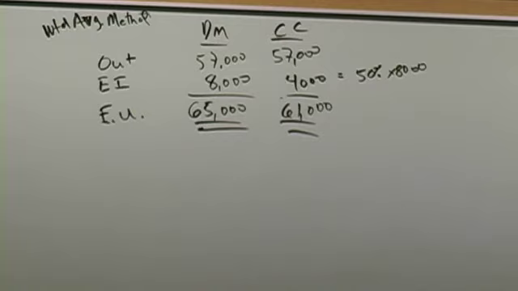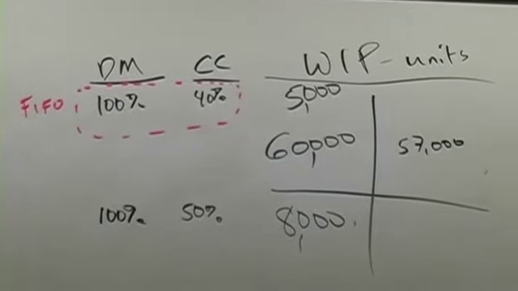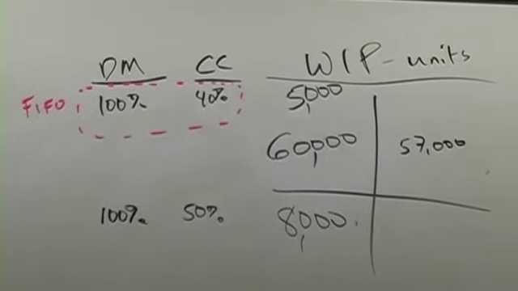Why do we use the 40%? He's asking why. We need that for FIFO, the FIFO method, which you don't have to know how to do. So we will only use this information in all of our calculations. Good question. Usually gets asked before now.